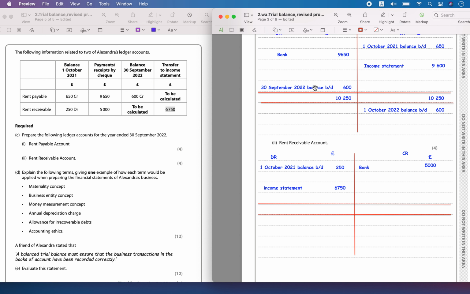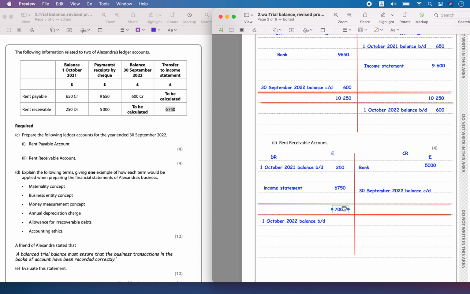Now from this let's calculate the balance carried down on 30th September 2022 and brought down as on 1st October 2022. So let's add 6,750 plus 250, it is equal to 7,000.